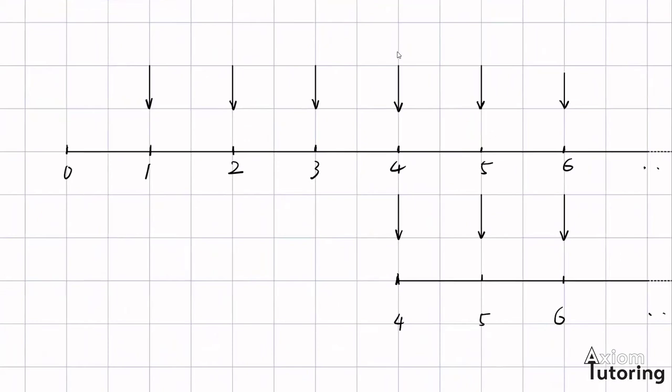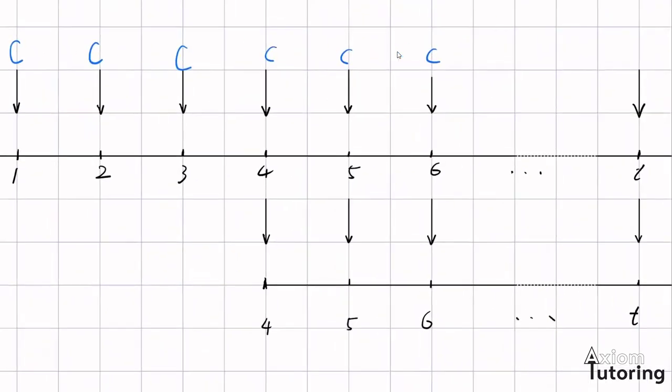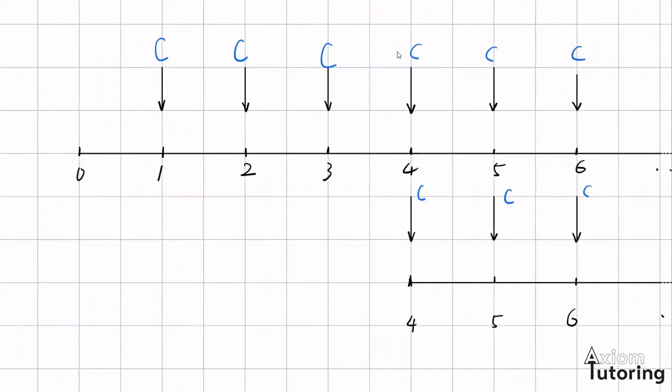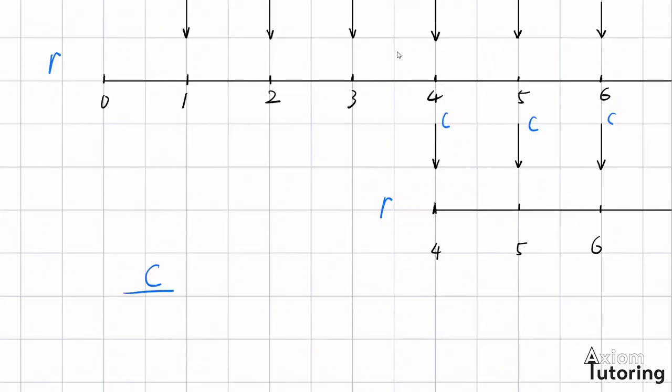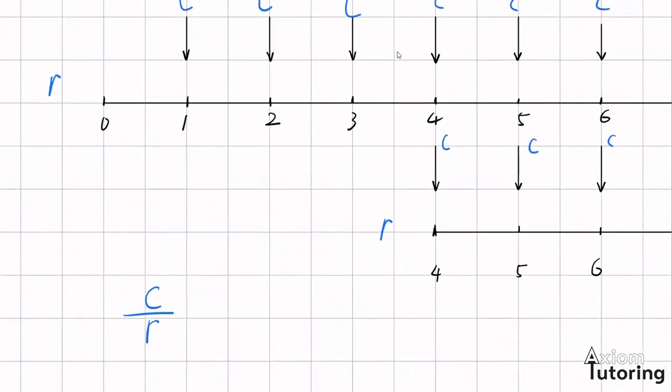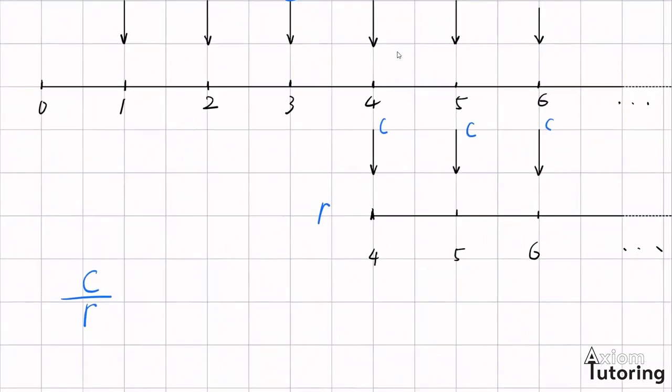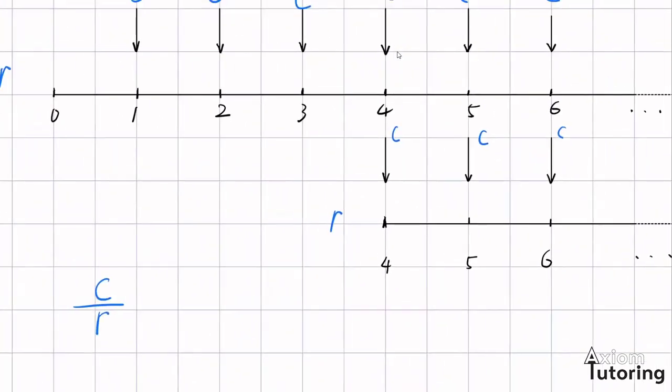Let's assume that the cash flows are all the same, the cash flow C, and for the second perpetuity you still have the same cash flow, it's always C, and you have the same constant discount rate of R. For the first one, it's pretty obvious that we have the value of C over R, because it's always constant and you have the same discount rate throughout the years. So what about the second one? It doesn't start from year one here, but rather it starts at year 4.